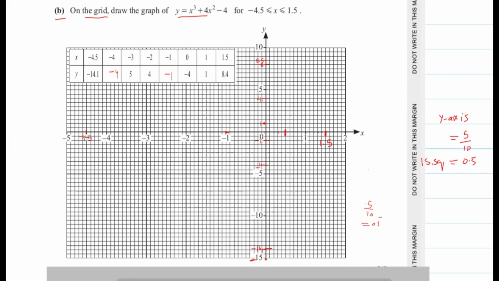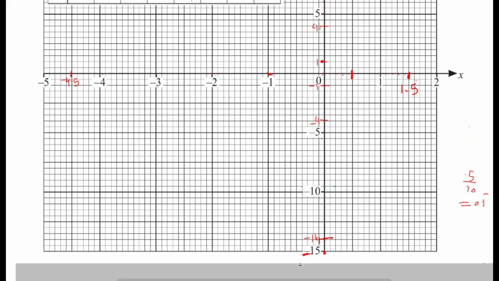And here the value of x is -4.5. We will draw the vertical line from -4.5, and from the y coordinate value we will draw the horizontal line. Both lines meet at this position, this will be -14, but this value is -14.5. We mark this value just below -14. Therefore, this is the position.